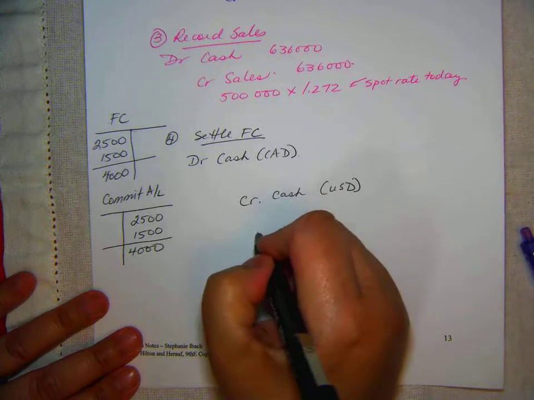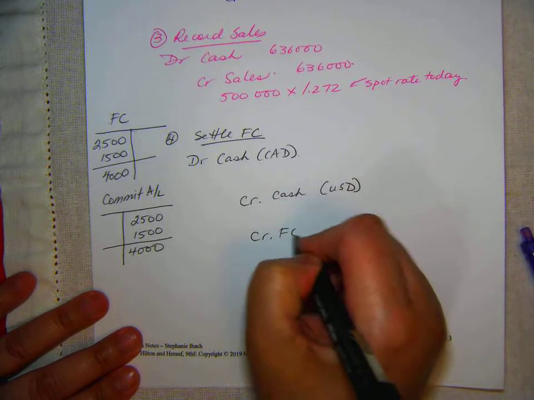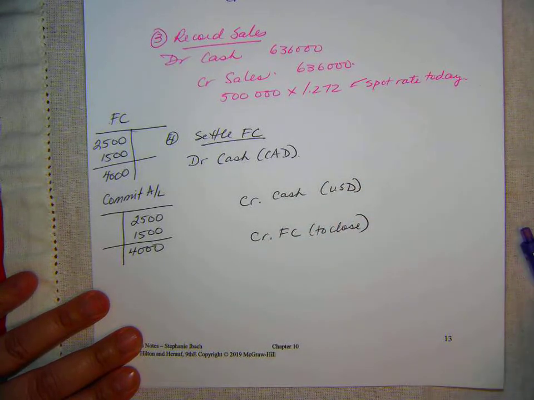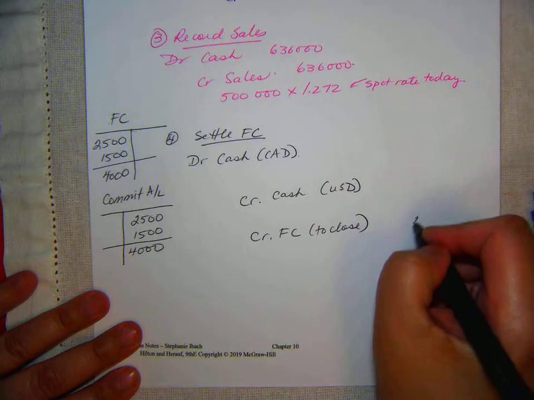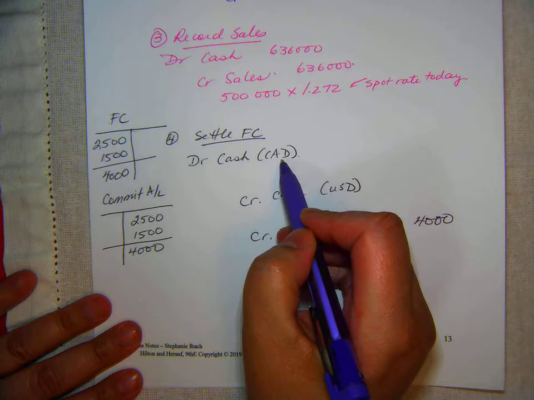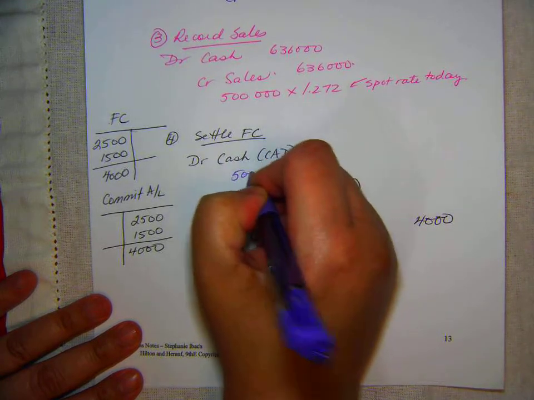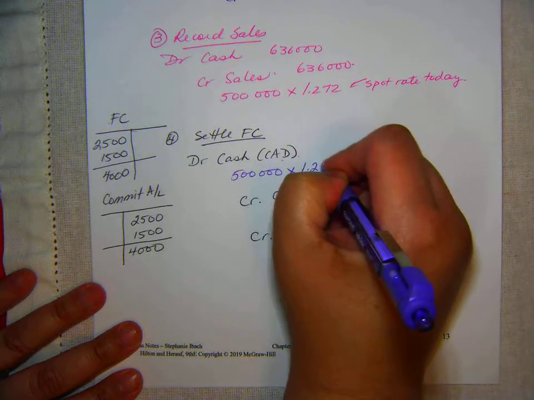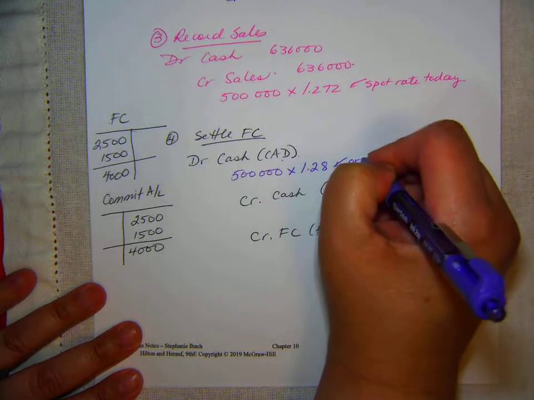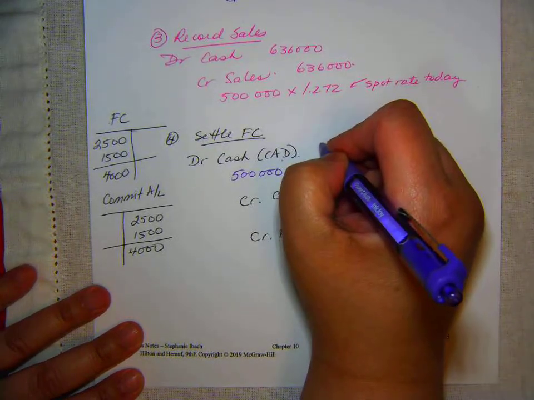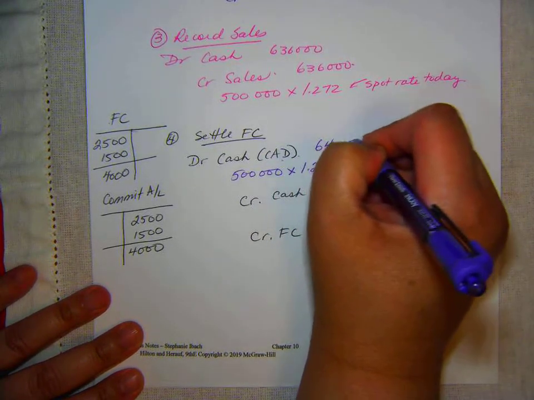And then we have to close the forward contract. So the forward contract's easy. We already know the balance is 4,000. We're getting Canadian. It's going to be 500,000 times the original contract price. So that's 640.